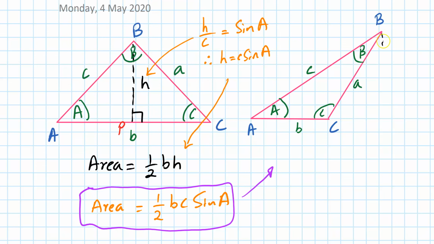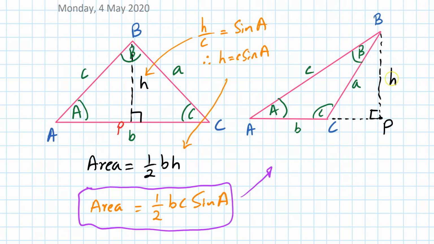I'm going to drop a perpendicular again, and I extend AC so that I meet the dropped line BP and AC at P here. Again, if you look at the height as H, the bigger triangle ABP is a right angle triangle.